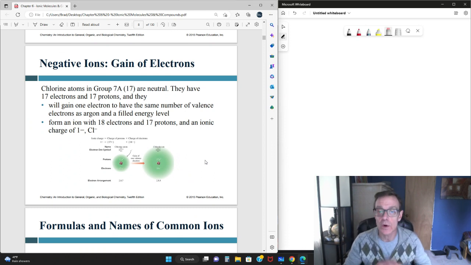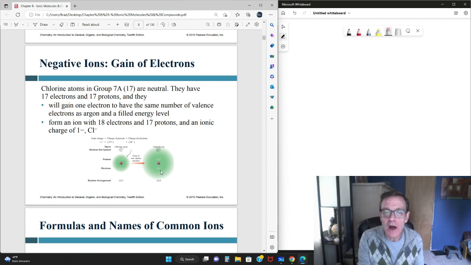It has, of course, 7 valence electrons. It wants exactly 1 electron from a metal to make it happy. Once it takes on that electron, it goes from neutral with 7 valence electrons to being a negative ion, chlorine minus 1 technically, with its 8 valence electrons.